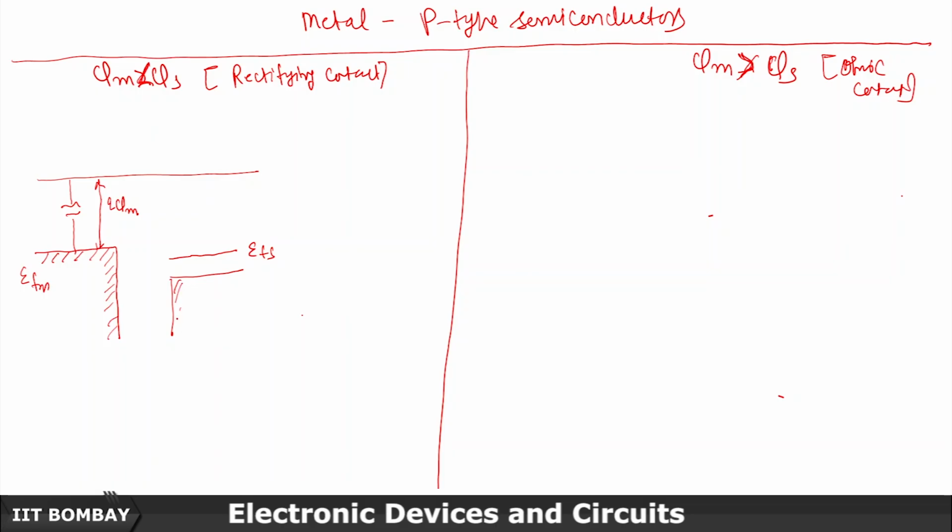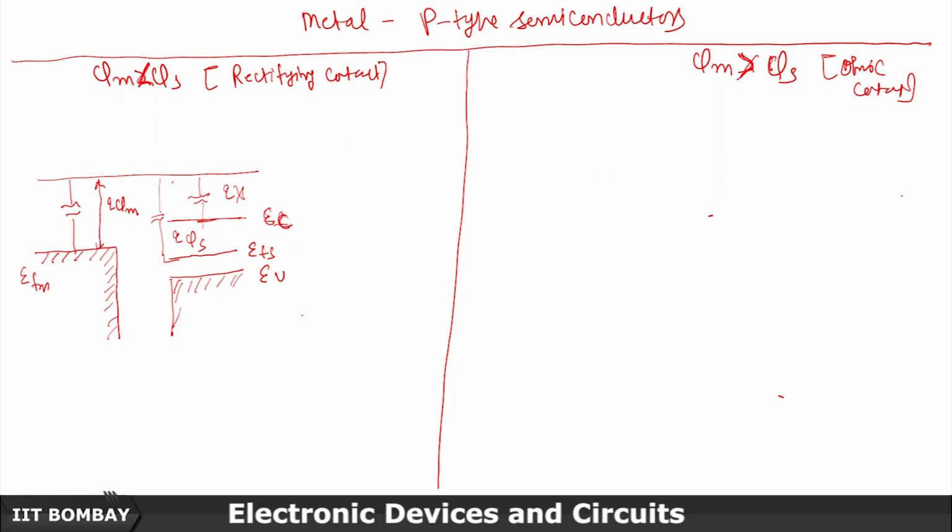So here it would be closer to the valence band. This is EC. So this is Q chi, and this is Q phi s, right? This is the perfect example.